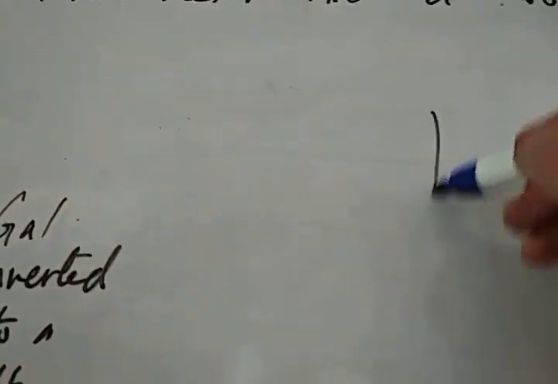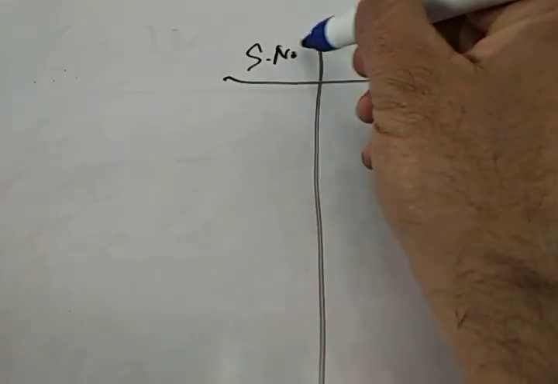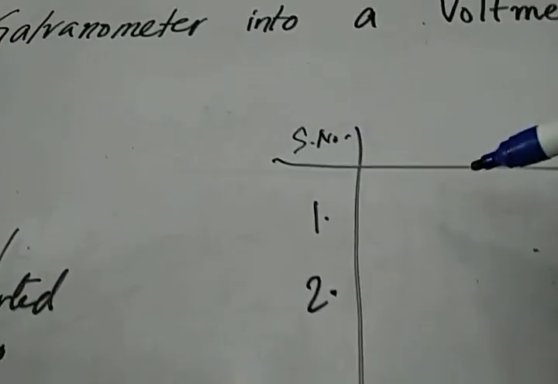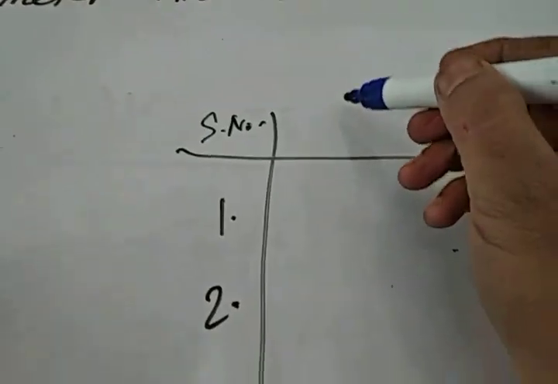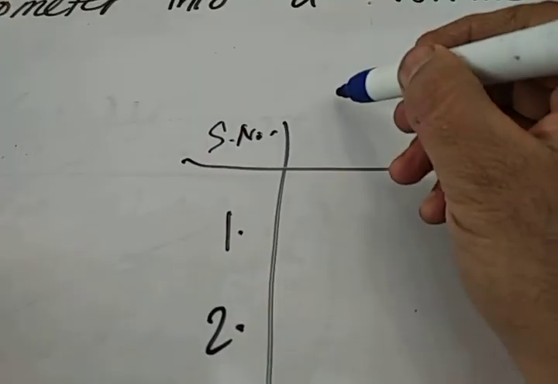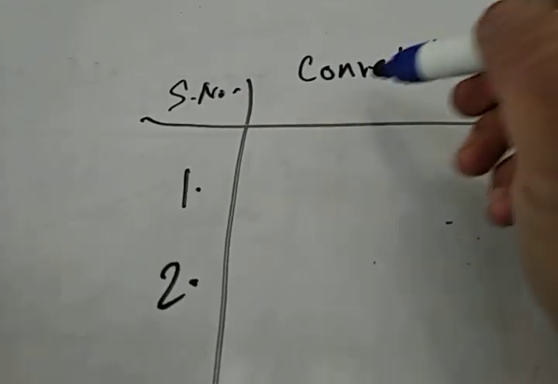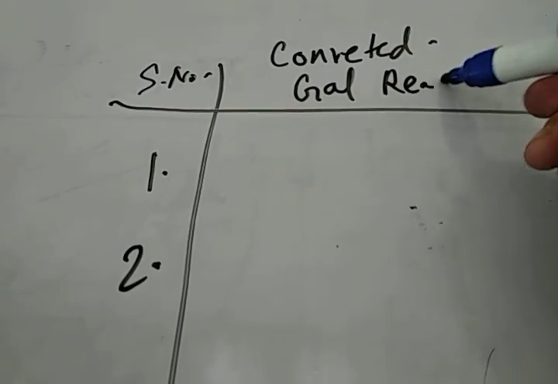So when we have to verify, how do we verify? We make a table for different readings. We'll take different readings, 1, 2, 3, and so on. We'll see how many divisions the converted galvanometer reading shows.